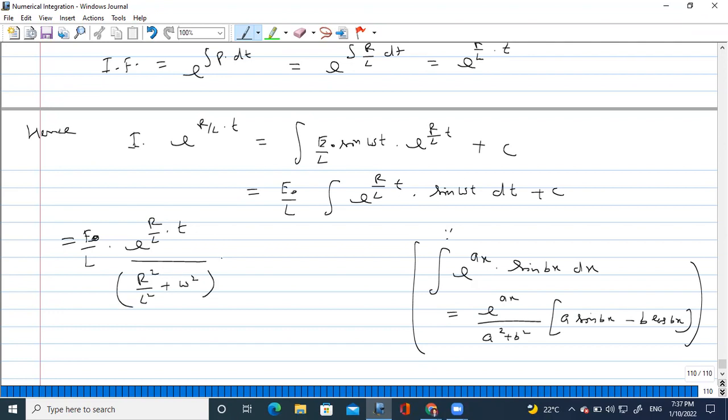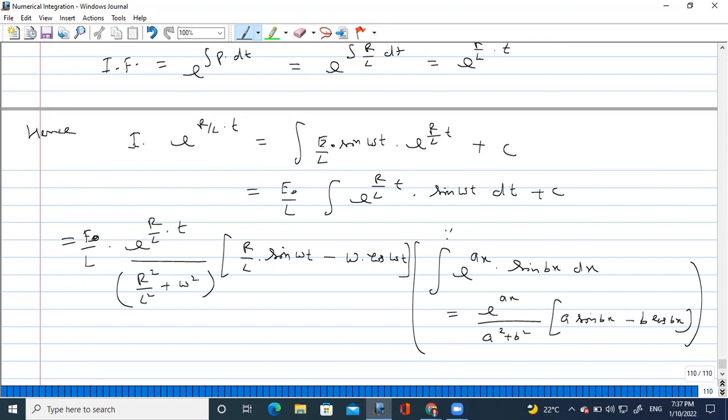Into a sin bx, meaning R by L into sine omega t, minus b cos bx, b is omega, into cos omega t. This will be the answer.